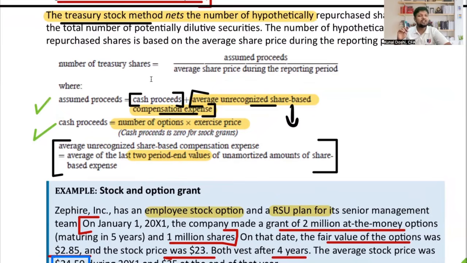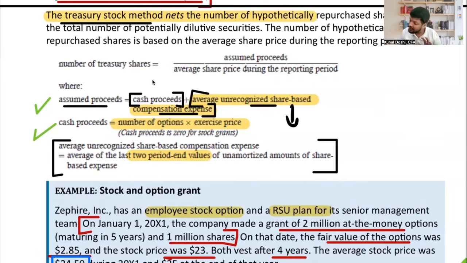This one item we need to adjust if they give it in the exam, that unrecognized value of compensation which is due needs to be reduced, that has to be deducted.